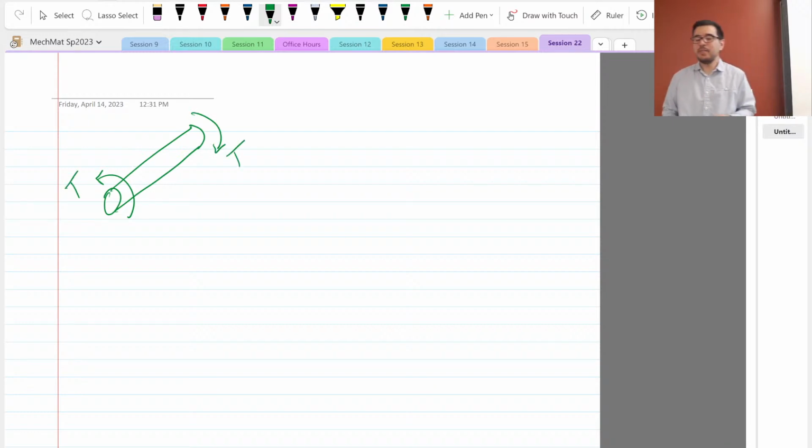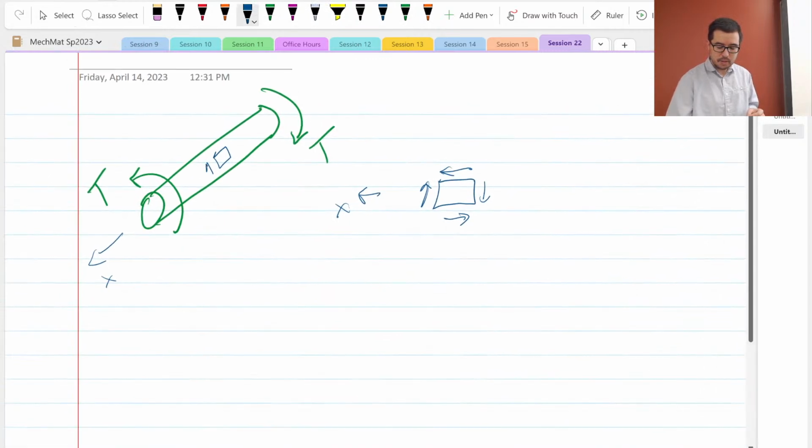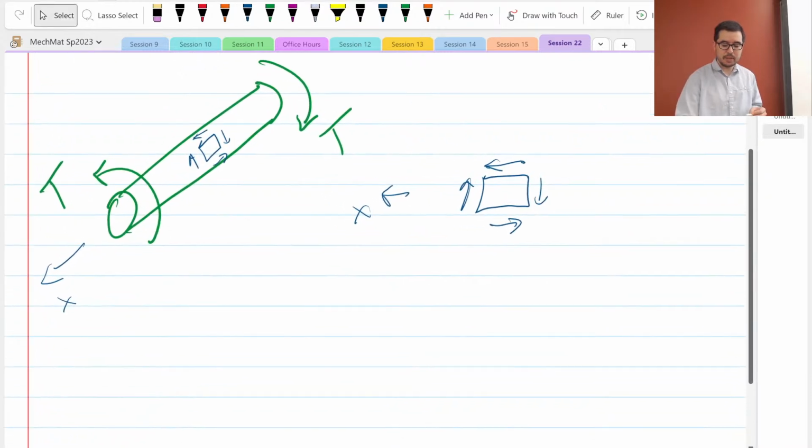Okay, so if this is under torsion, and I have an element there, and this is X, this element is going to be experiencing shear stresses like those, does that make sense? Because I have shear stress here, here, here, here on the element.